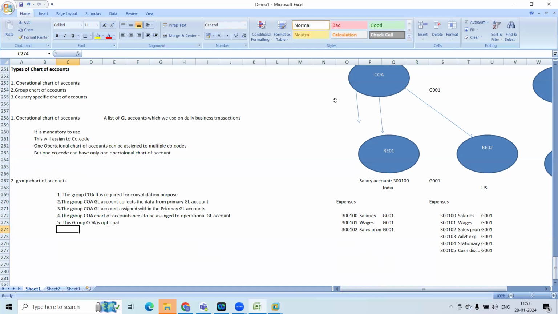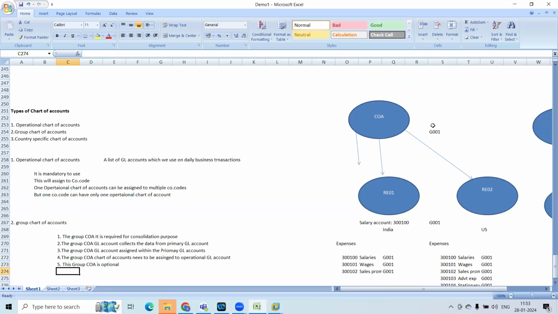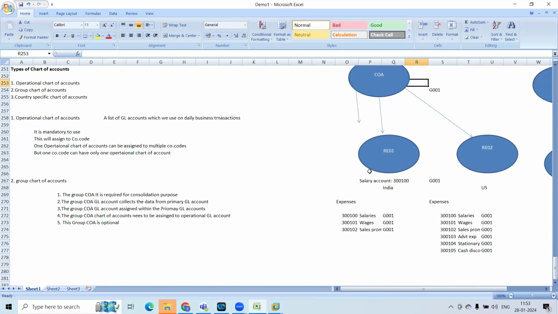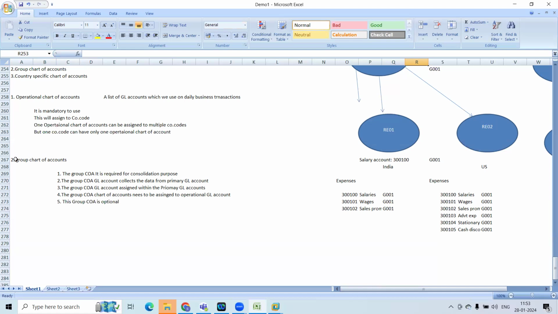So if your client says, I don't want this group chart of accounts, I will always check my financial statements at company code level, I don't want to check at group level, then you need not create the group chart of accounts concept at all.